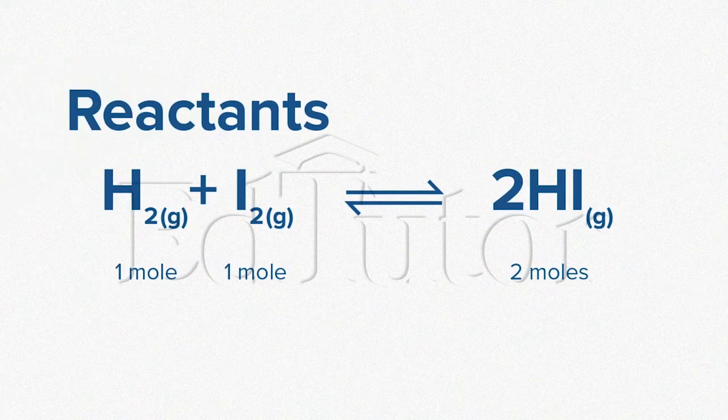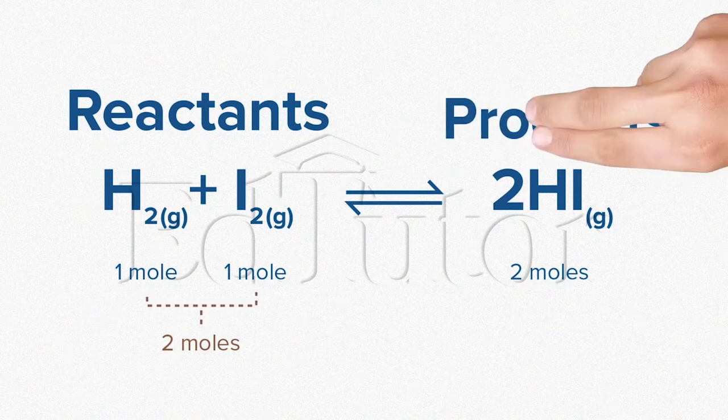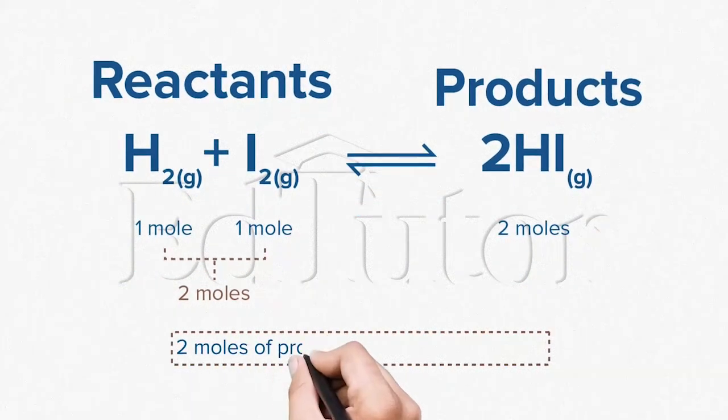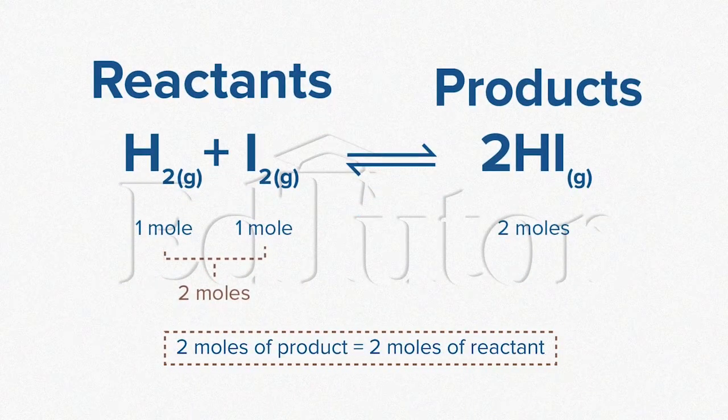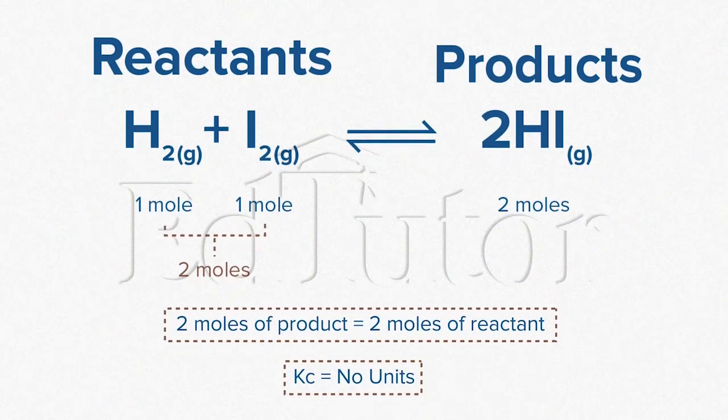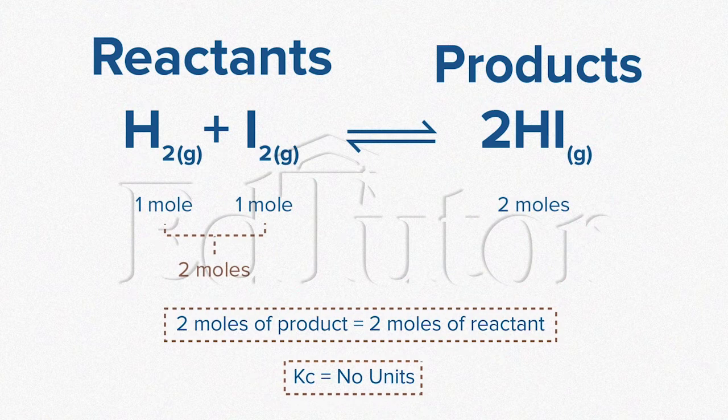On the reactant side, we have 1 mole of hydrogen and 1 mole of iodine. In total, we have 2 moles on the reactant side. Similarly, we have 2 moles of hydrogen iodide on the product side. As you can see, the product side and the reactant side have an equal number of moles. Therefore, there will be no unit of Kc.